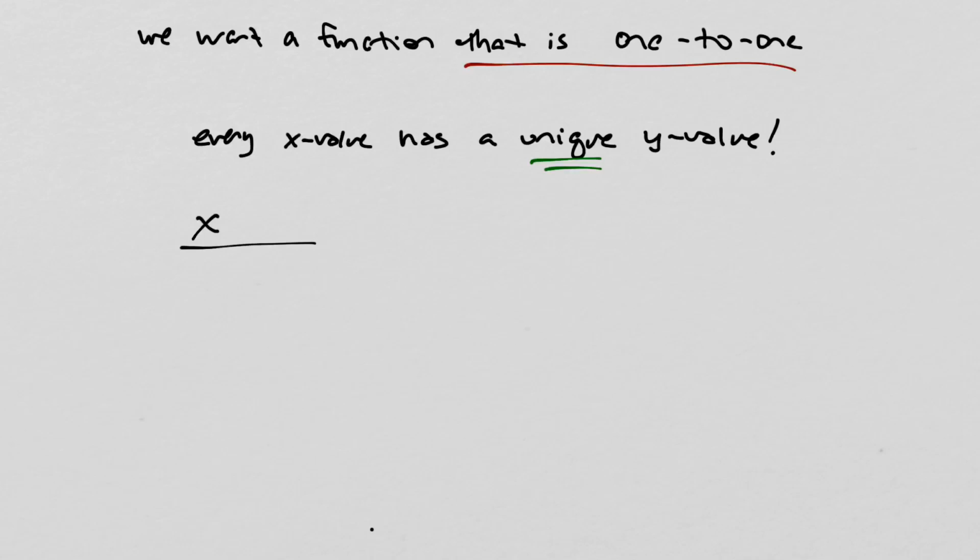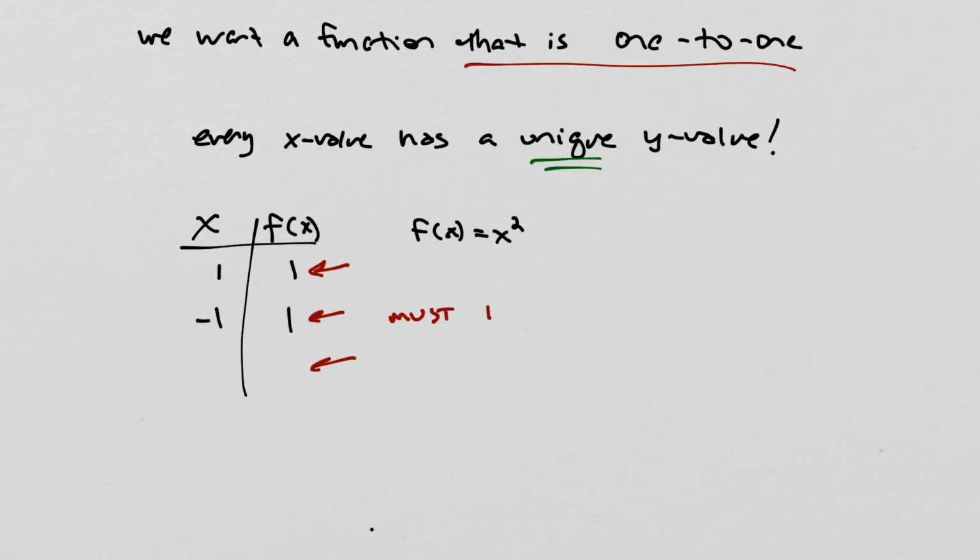Right? For instance, again, we're here with f of x equals x squared. If I plug in 1, I get 1. But if I plug in -1, I also get 1. Right? That's still okay in terms of being a function, but not for the one-to-one part. The one-to-one part says that every single item that pops out of this chart must be unique.